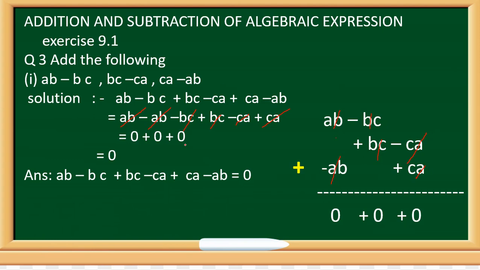So this is the first way, and in the second way we can also add the terms. So I hope you will add the algebraic expressions on the basis of the like terms.